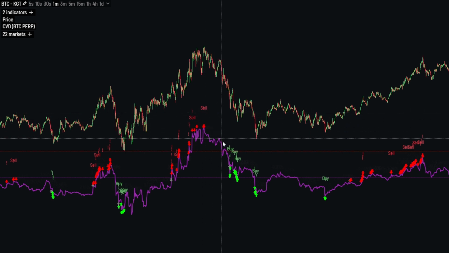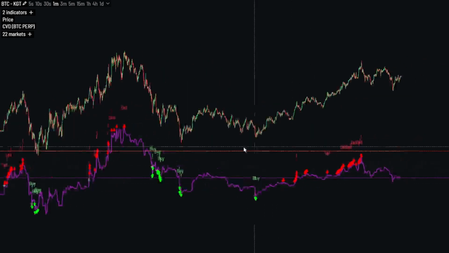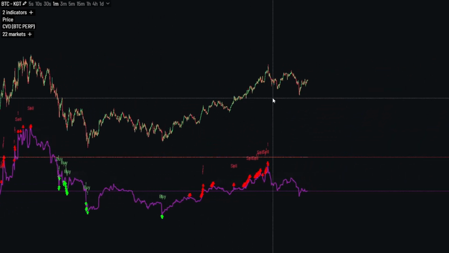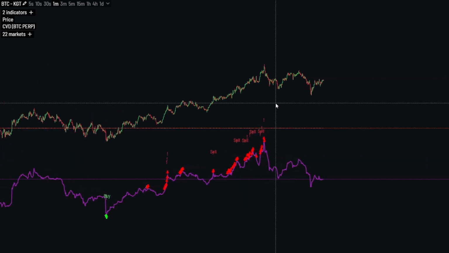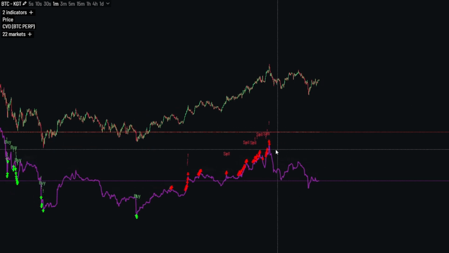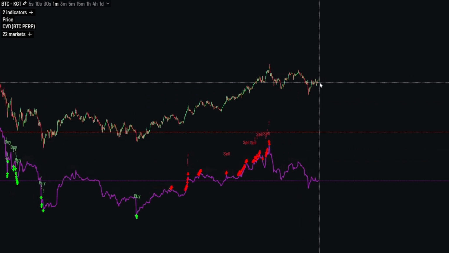Now, as we saw, of course, again, buyers' pressures came in, and here we go, we move up, and however, for now, we are still looking at some selling pressure, and we might possibly move down. However, we can still see some resistance from the buyers here, as you can see.